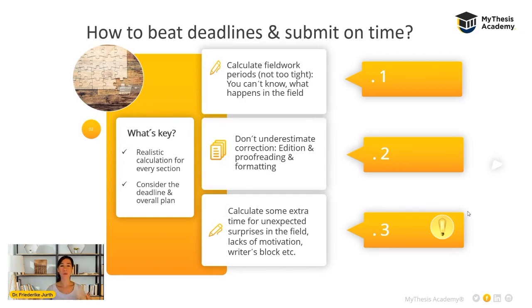Imagine that you are out on fieldwork and then you have some technical problems, or you also have to deal with the question of interviews, there will be other people, other participants involved, and for this it is necessary that you calculate really some extra time.